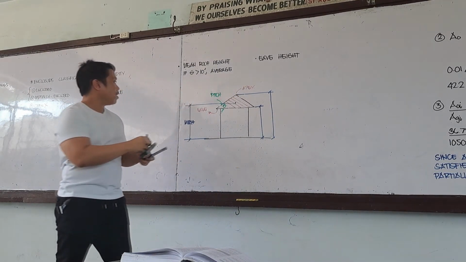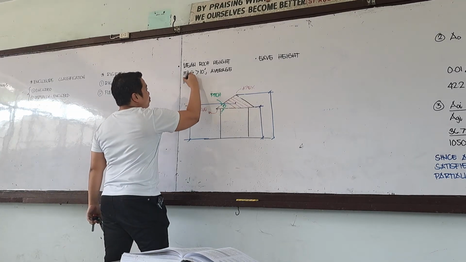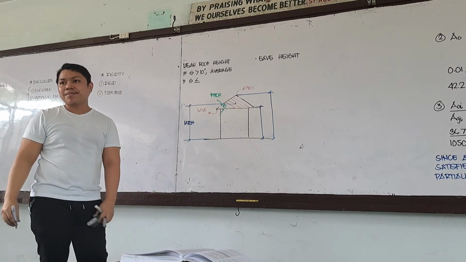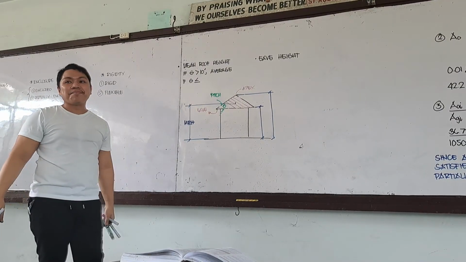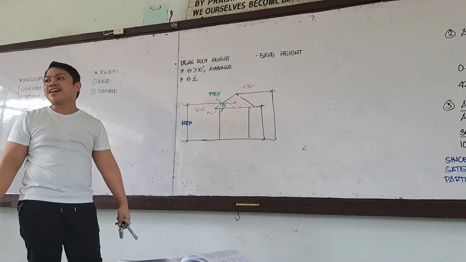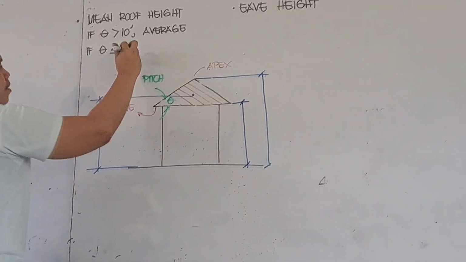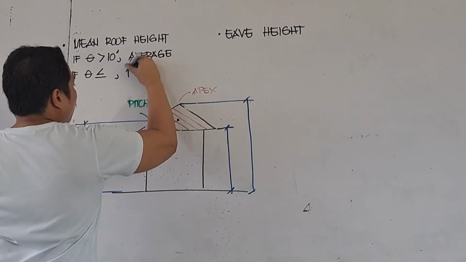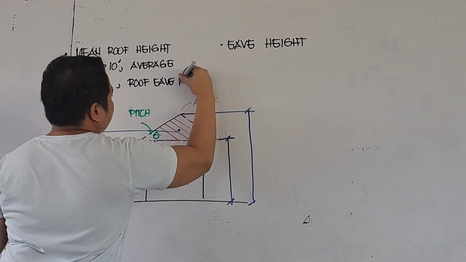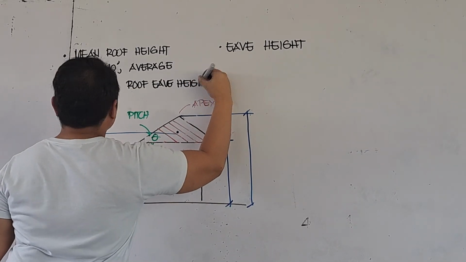And if the roof angle is less than or equal to 10 degrees, take note of the equal sign. What if we have exactly 10 degrees? Exactly. What is the answer? We will use the roof eave height.